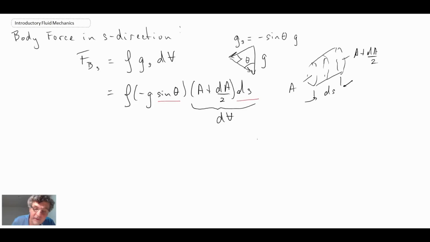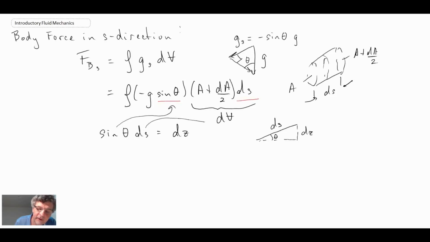And it turns out that if you look at the direction of ds, this is ds here. Remember that was theta. And this was dz. We said that the z direction was in the vertical. So we can write out sine theta ds is equal to dz, and that enables us to simplify because we have a sine theta there and a ds there, and we can substitute for a dz. So we're going to go through and do that.